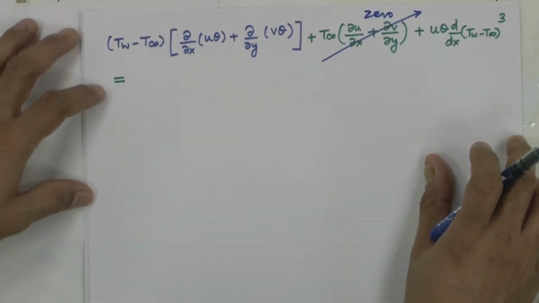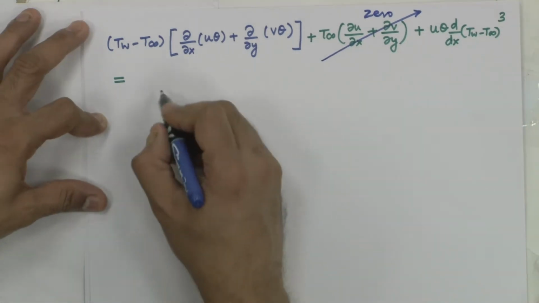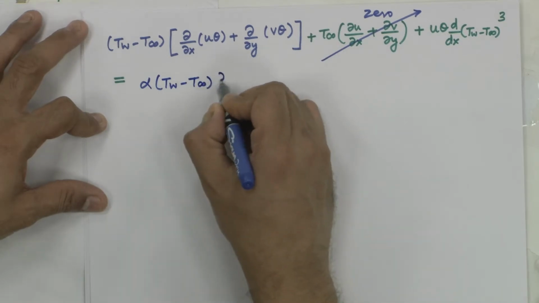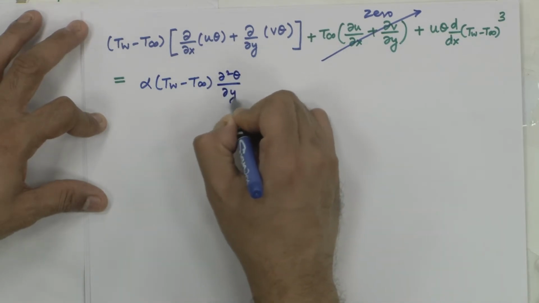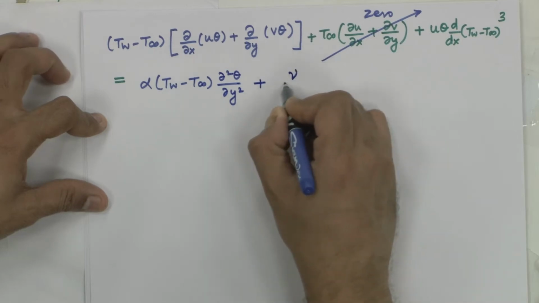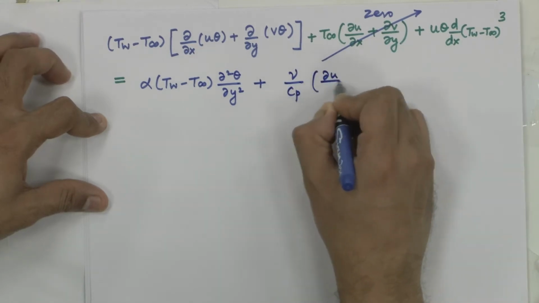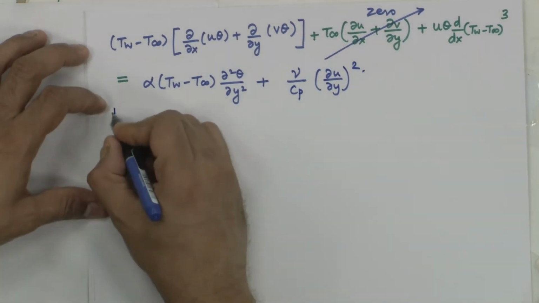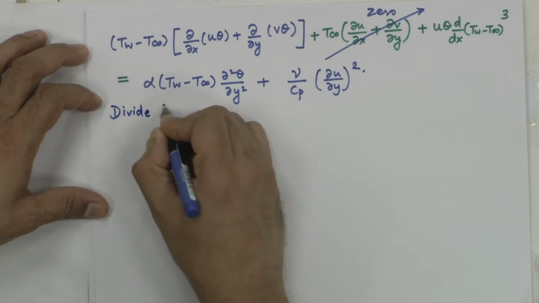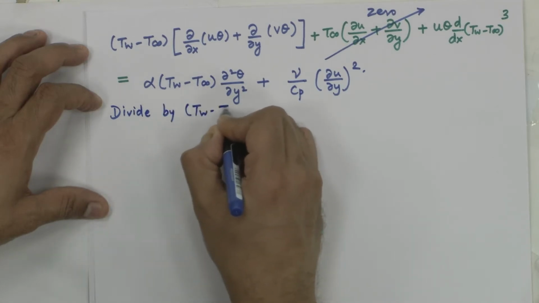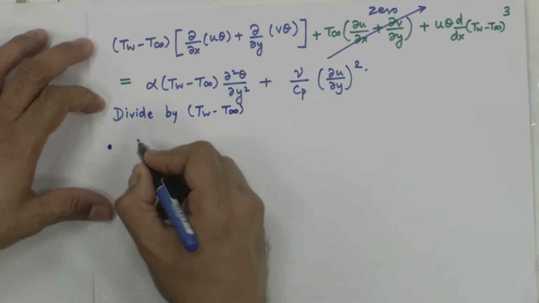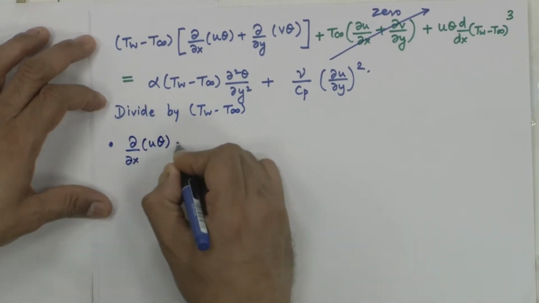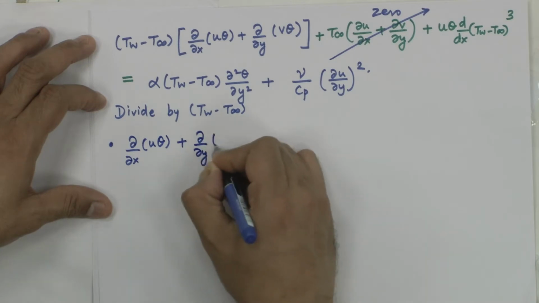Right hand side is nothing but alpha into Tw minus T infinity d squared theta by dy squared and nu over Cp du by dy the whole square as it is. Now, I divide through by Tw minus T infinity. The energy equation therefore becomes d by dx of u theta plus d by dy of v theta.